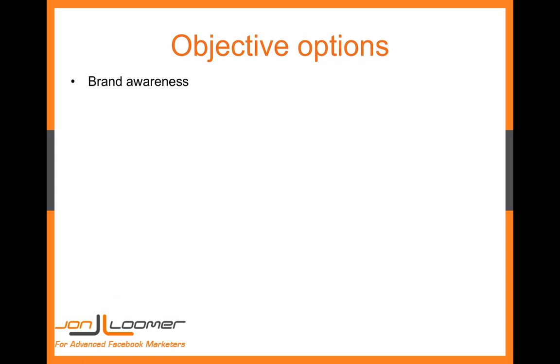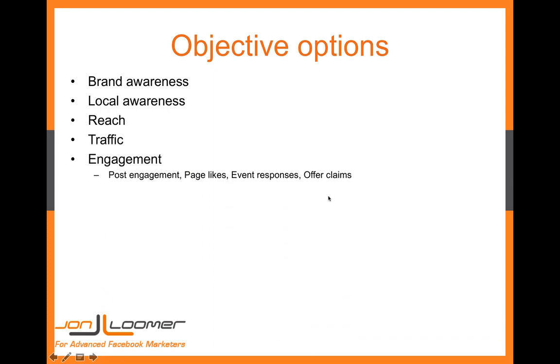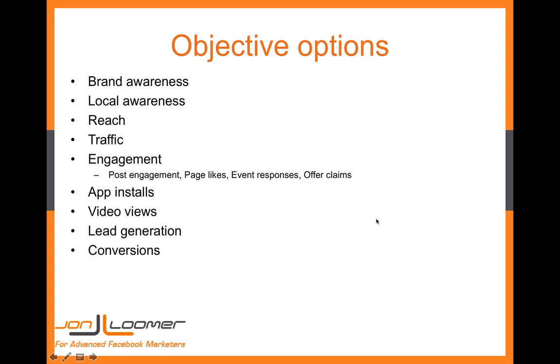So the objective options include, and I feel like this is changing all the time, brand awareness, local awareness, reach, traffic, engagement. Like I said, it's broken off into 4 subgroups. App installs, video views, lead generation. And be clear, lead generation isn't referring to sending people to your landing page.